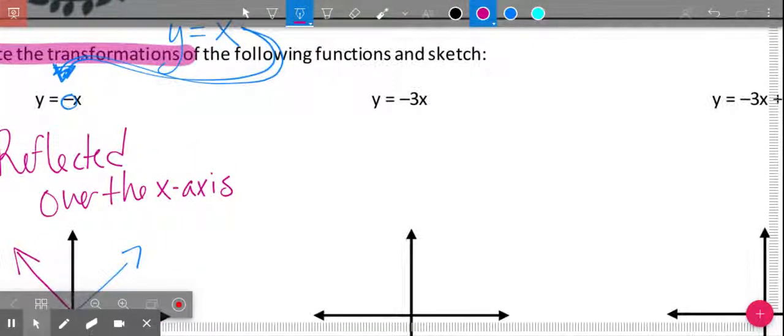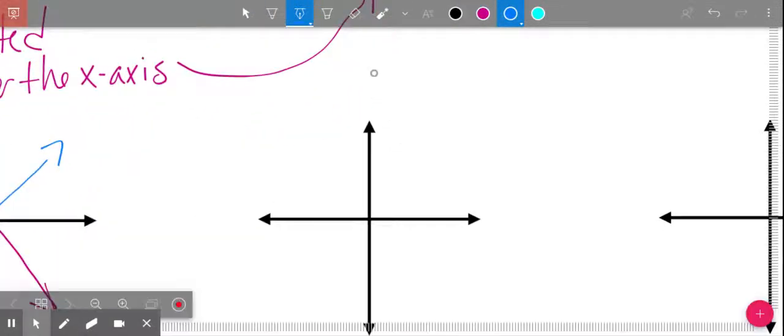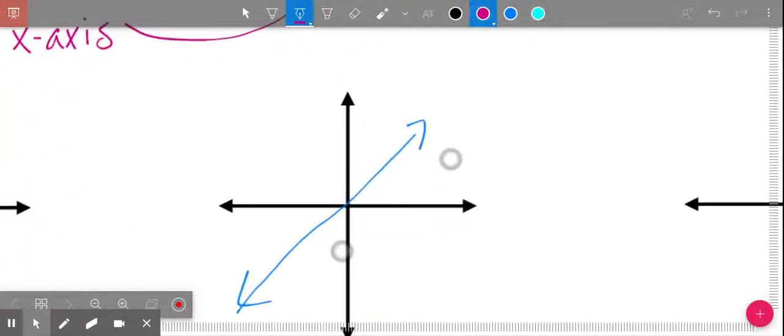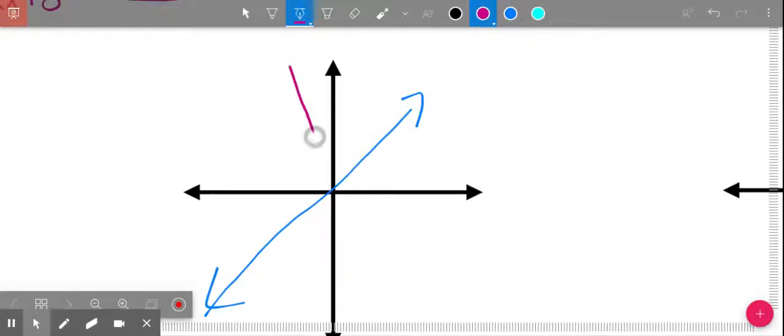Now, it's not only negative, but now it's a negative 3. So the parent function looks like this. If I put my new function into the calculator, it's going to look like this. So I want to know, how did I get from my parent function to this new function? What happened to the parent function?